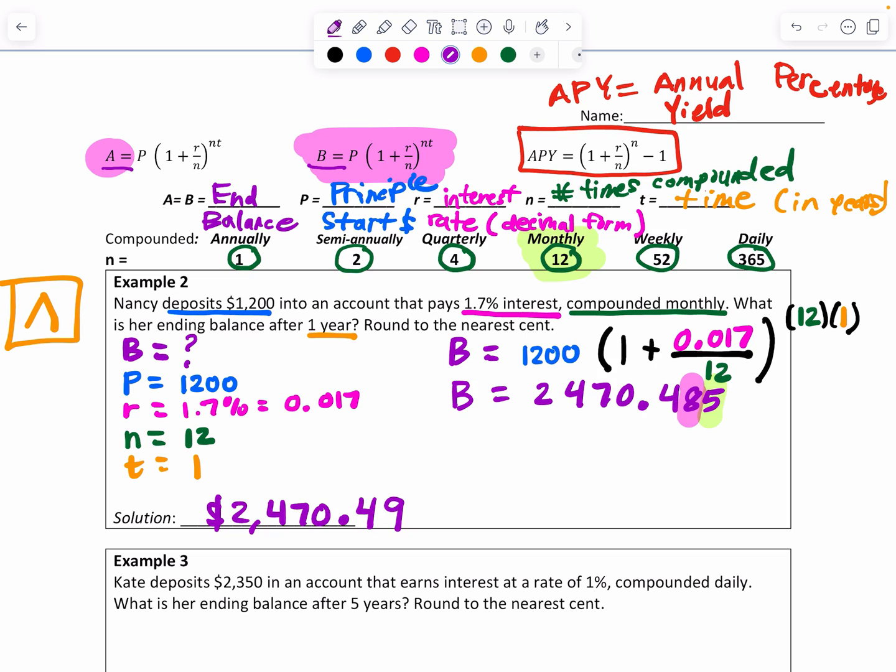Okay, the 5 is going to force the 8 to become a 9. So this would be 49 cents. And that's how much money would be in her balance in her account if she deposits $1,200, earns 1.7% interest, compounded monthly. After 1 year, she's going to have that much money in her account.